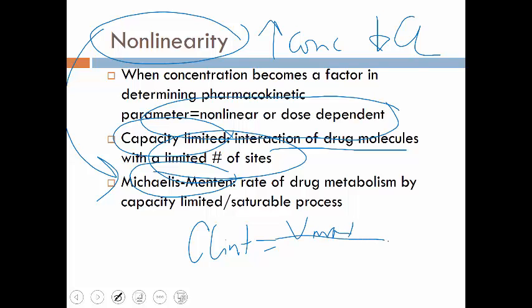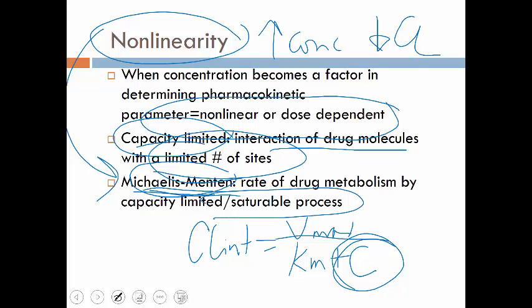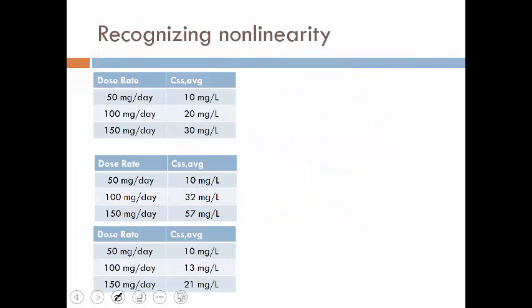Intrinsic clearance is equal to Vmax over Km plus concentration. So the key is this concentration term that's in here. So for anything to be nonlinear, it's usually Michaelis-Menten, and there's a saturable, capacity limited process.